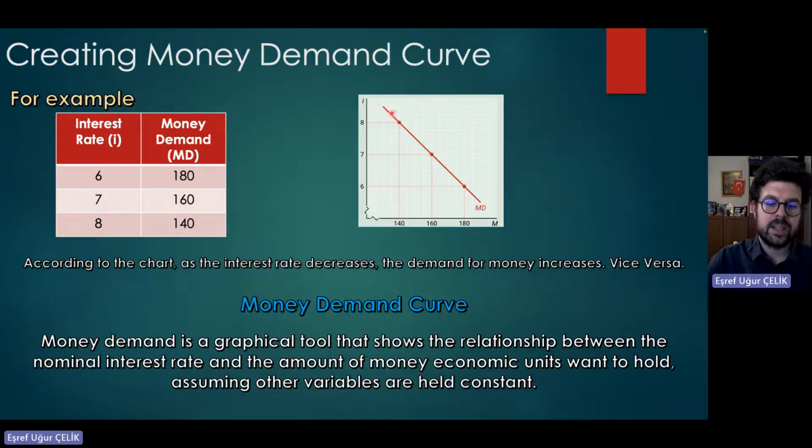You see that it's a graphical tool, and it shows the relationship between the nominal interest rate and the money amount, when economic units want to hold more money, with other things held constant.